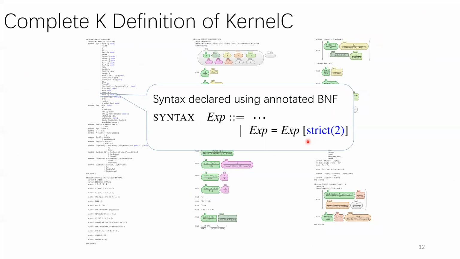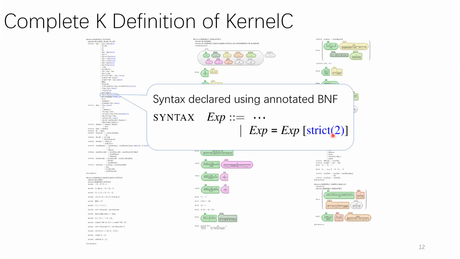The syntax is declared using the conventional BNF notation, annotated with the K attributes, the blue part. For example, the assignment statement is an expression construct taking two expression arguments. The left one can be a variable or a pointer, for example, star x, etc. We only discuss the former case here, so let's say that the first argument is a variable.